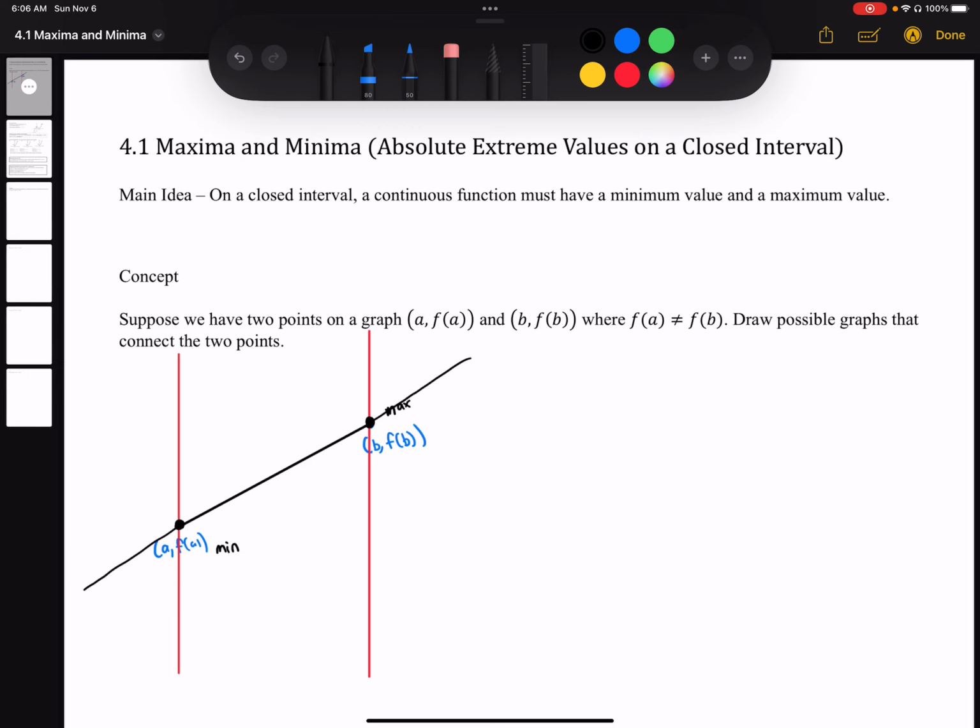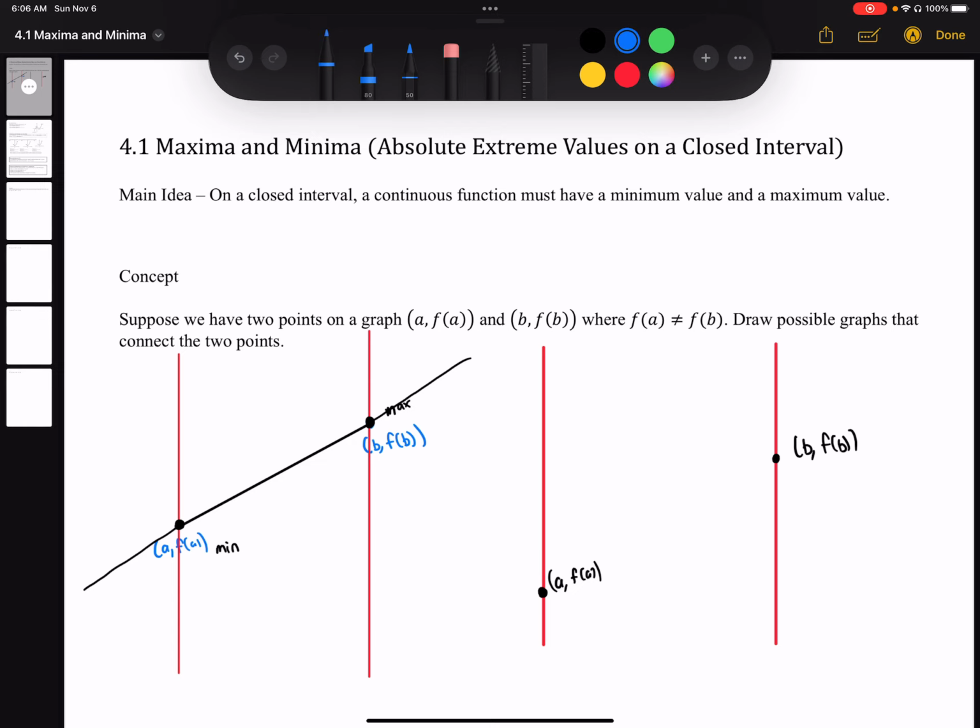Another graph that we could have is we'll take the same concept. This is going to be A, and we'll say this is B. So again, for the sake of argument, let's say we put A, f of A here, and then we'll put our point B, f of B here.